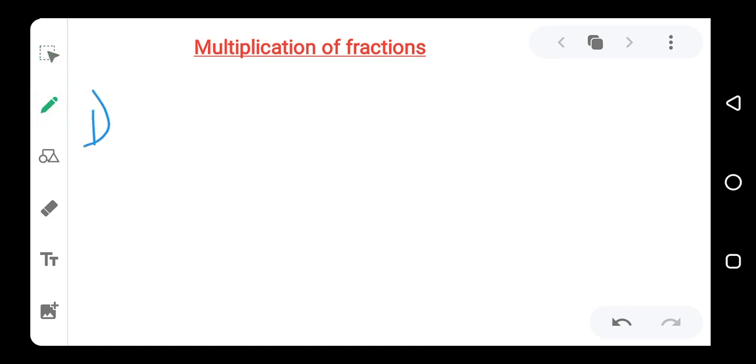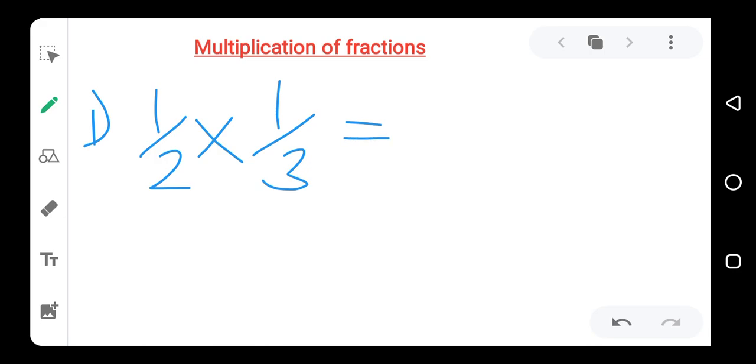If we have 1/2 multiplied by 1/3, what we are going to do is that we multiply the things on top together and we multiply the ones below together.